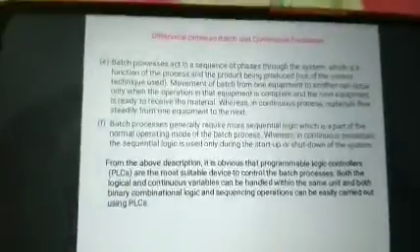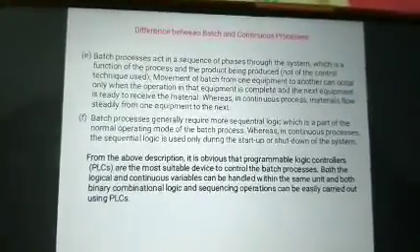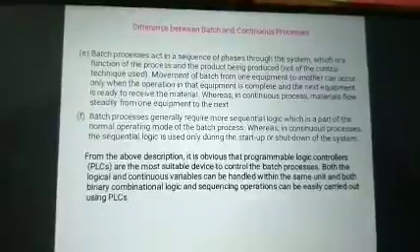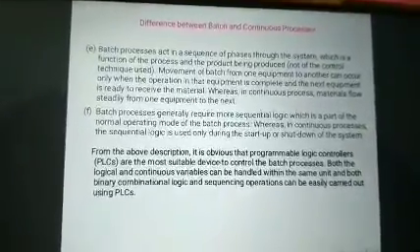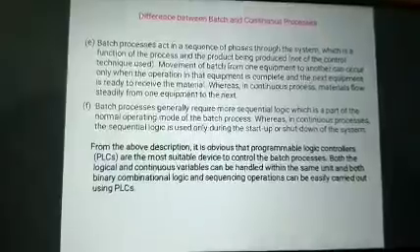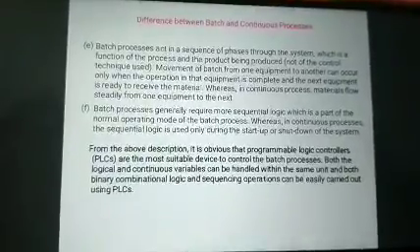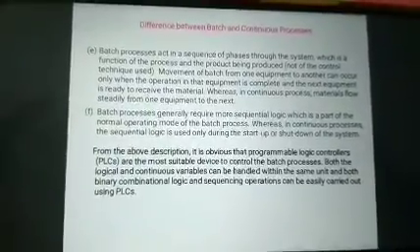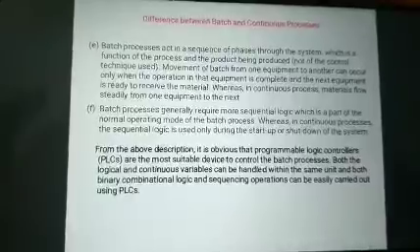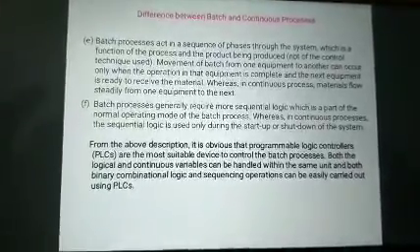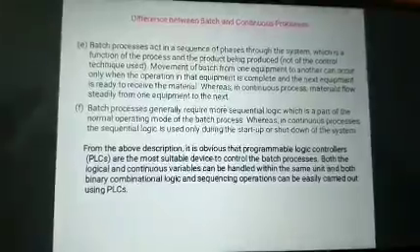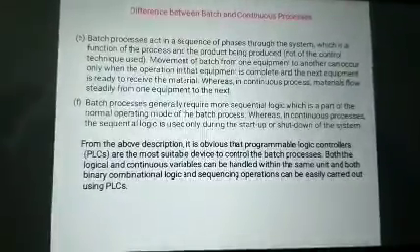Now, from all the above descriptions, we can definitely conclude that PLCs, or programmable logic controllers, are the most suitable device to control batch processes. Both the logic and the continuous variables can be handled within the same unit, and both binary combinational logic and sequencing operations can be easily carried out using PLCs.